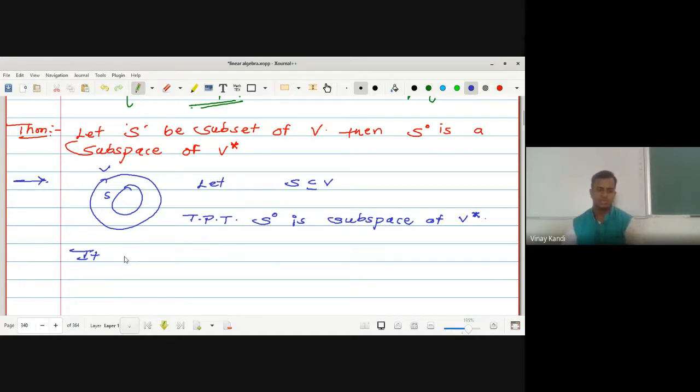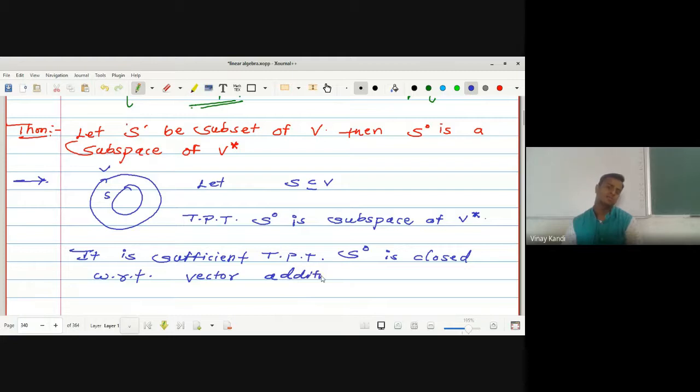Okay, so write down: it is sufficient to prove that the annihilator of S is closed with respect to vector addition and scalar multiplication.